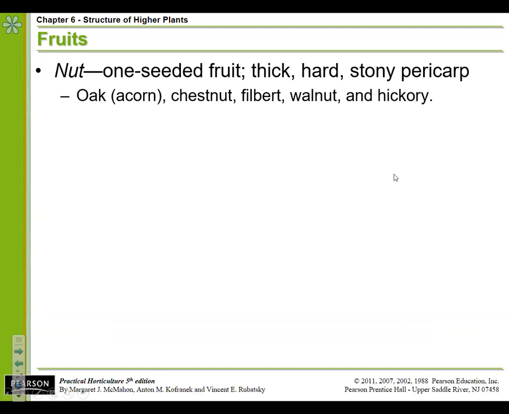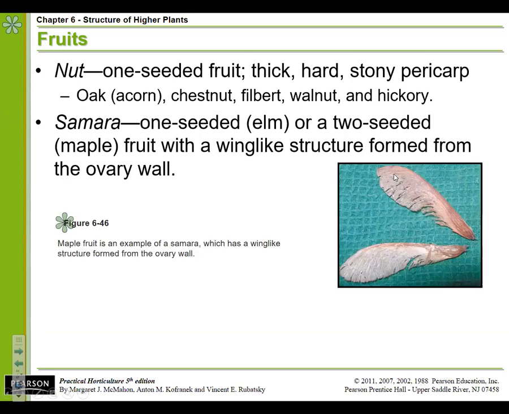So we think of oaks, acorns, chestnuts, hazelnuts, walnuts, hickories are all nuts. Samaras are a one-seeded or two-seeded fruit with a wing-like structure that is formed from the ovary wall. So we think of the samaras as the helicopter fruit, right? Of the maples, ashes, and elms.